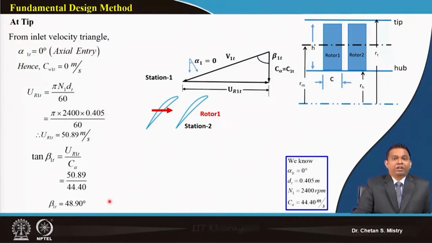Now in line with that, as we have discussed, we can do our calculation at the tip station also. This is what we will be discussing in the next lecture. So for today, we have done our calculation at the mid station for rotor 1, and based on that we have calculated all parameters required for understanding the design, and we have started calculating other parameters at the hub station.